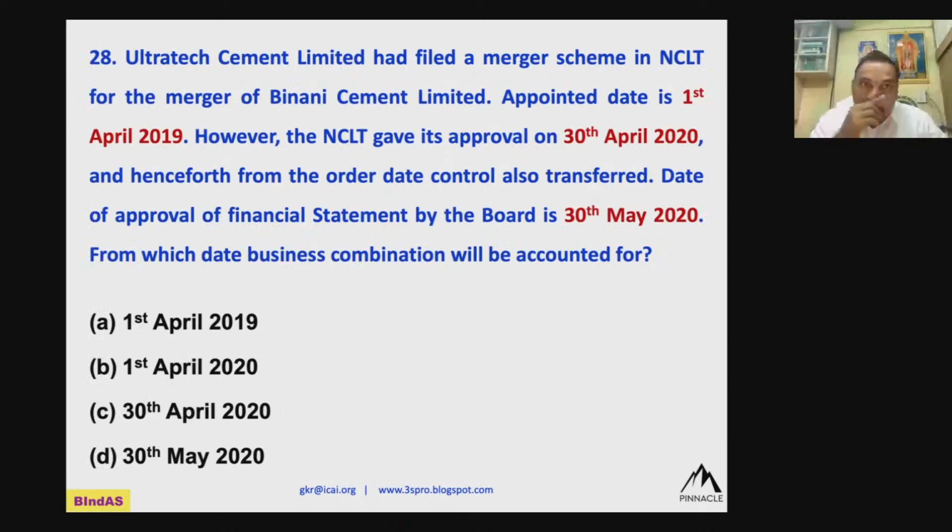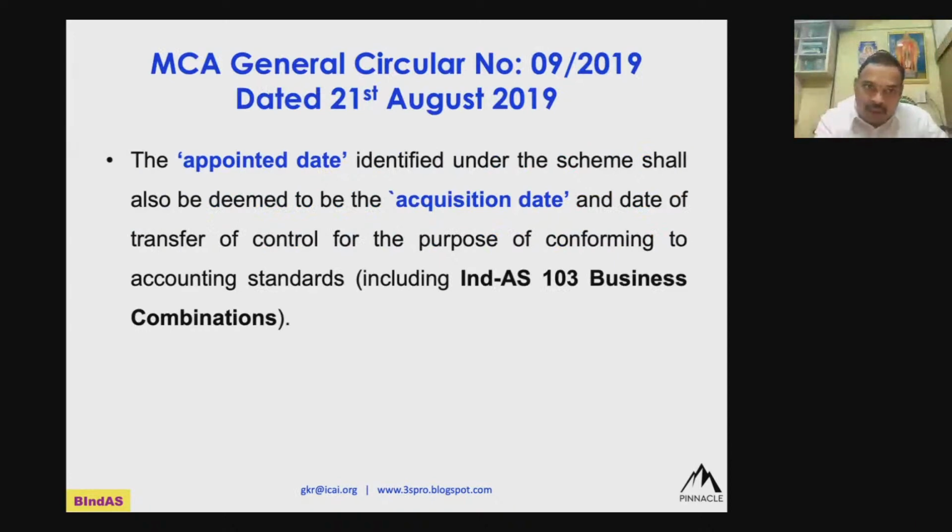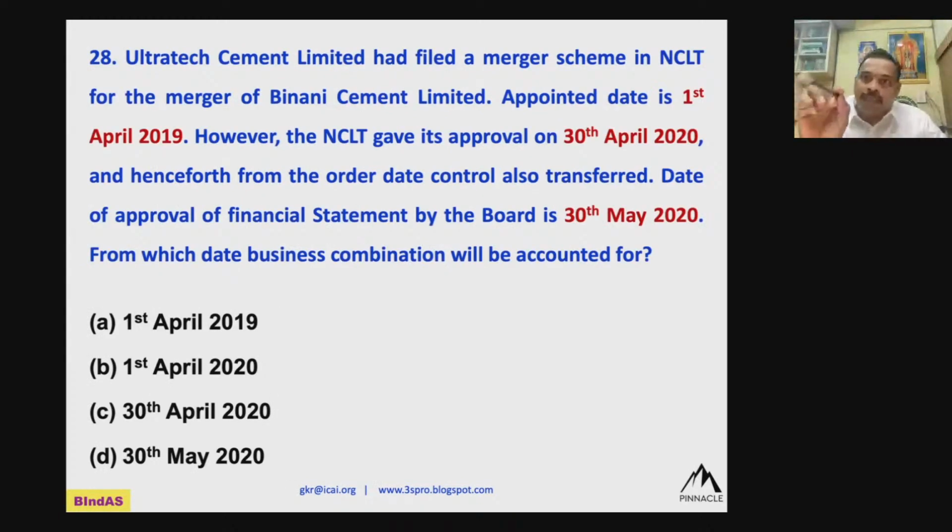Now, look at this question number 28. It says, Ultratech Cement has filed a merger scheme in NCLT. Now, that is a scheme. Has filed a merger scheme in the National Company Law Tribunal for the merger of Binani Cement. Okay. The appointed date is 1st April. Wow. However, the NCLT gave its approval on 30th April 2020.